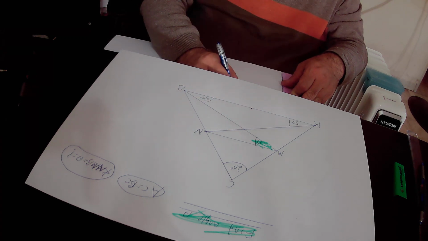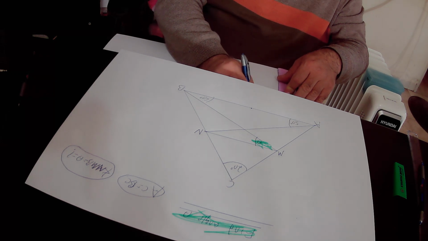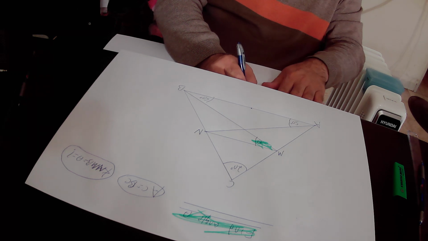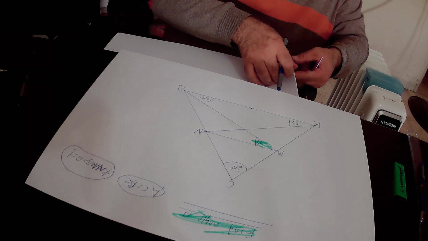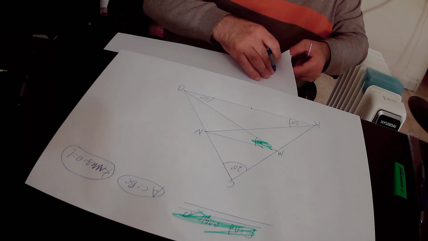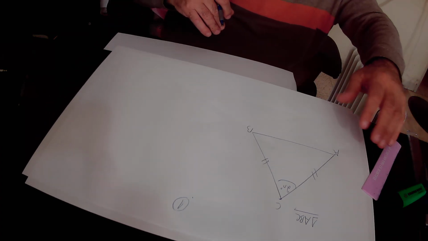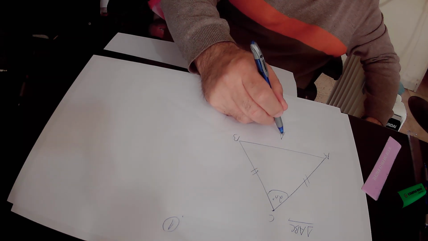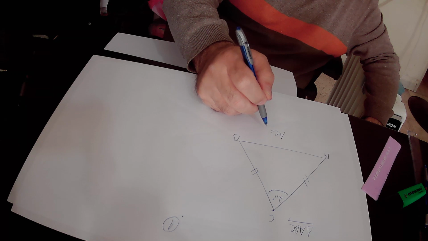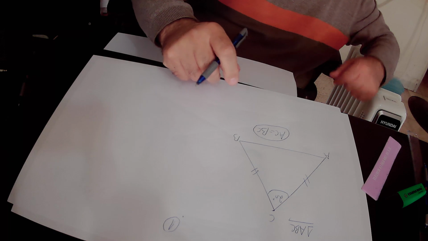Angle ACB equals 20 degrees. So actually, this is triangle ABC that I copied from the original drawing. AC equals BC.